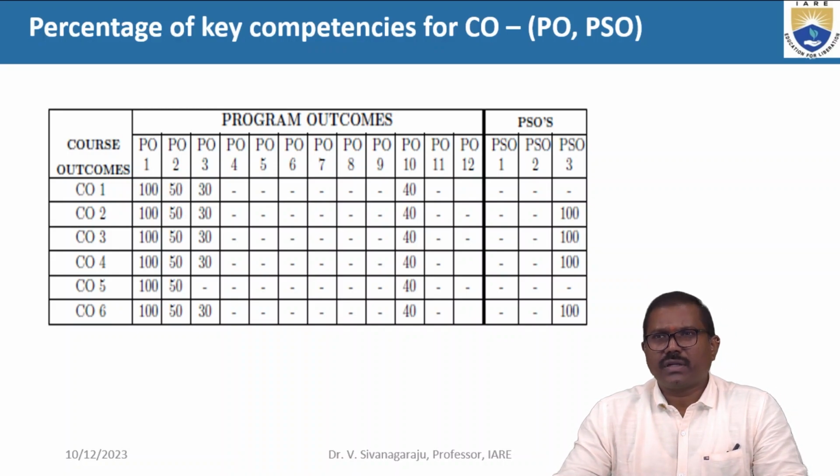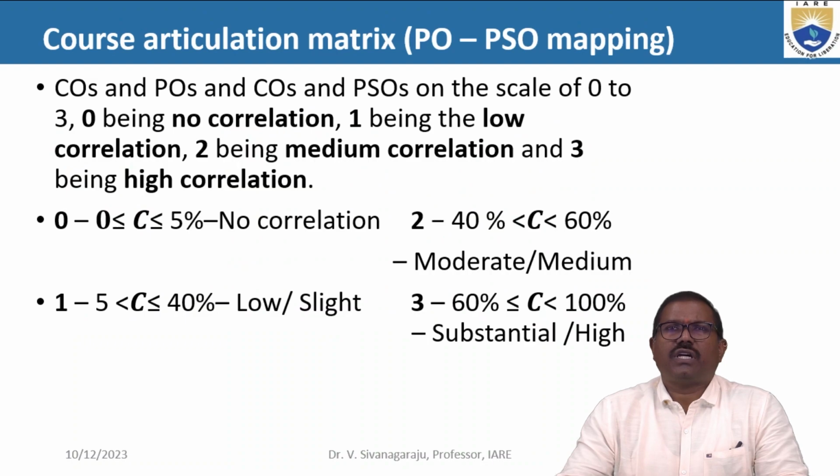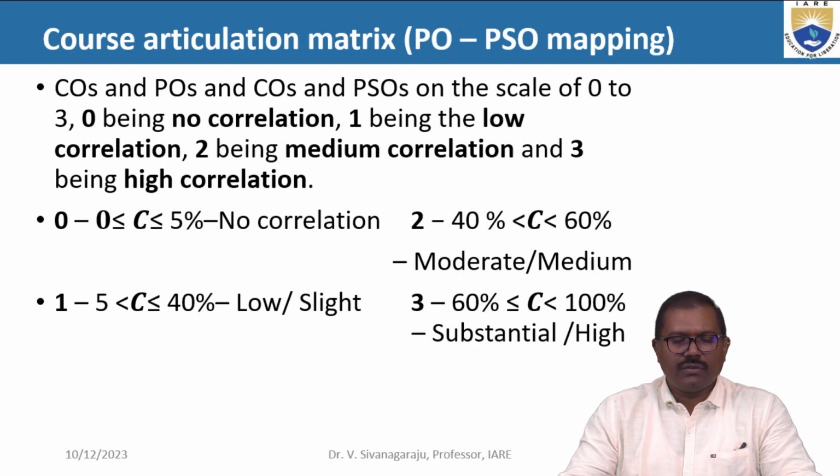Now, the course articulation matrix, with COs and POs, taking a scale of 0 to 3. 0 means no correlation, 1 is low correlation, 2 is medium correlation, and 3 is high correlation. When the value is 0 to 5%, there is no correlation and we give scale 0. Scale 1 is for 5 to 40%, a slight or low correlation.